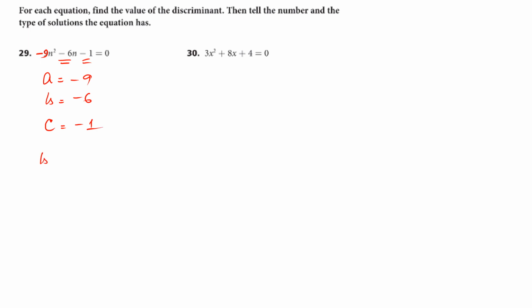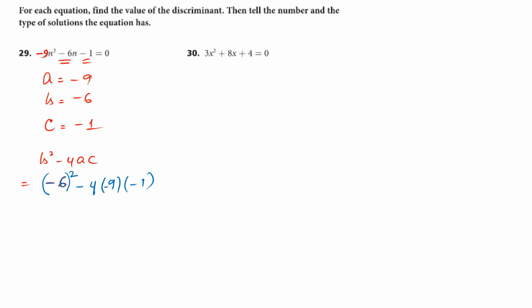So now the discriminant formula b square minus 4ac, in place of b, negative 6. Now some students put the square over here. No, if the number is already negative, then put the square outside the bracket. Minus 4, A is negative 9 and C is negative 1.